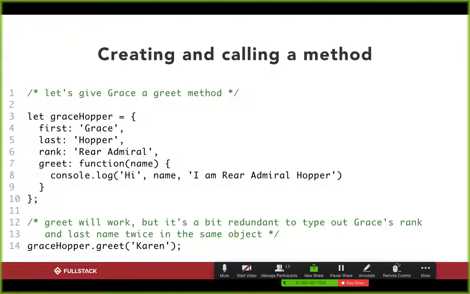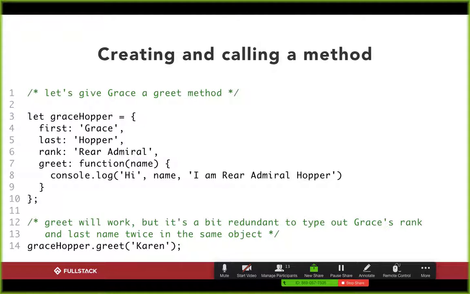Let's say Grace Hopper changed her first name to, I can't think of anything, we'll go with Gabriella, right? If she changed it, then in my object, I need to go to her first property, her first key, and change the value of that to Gabriella.